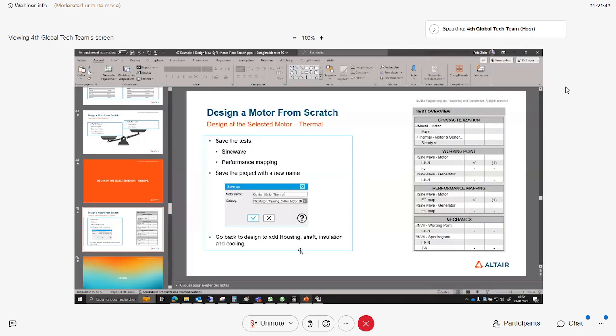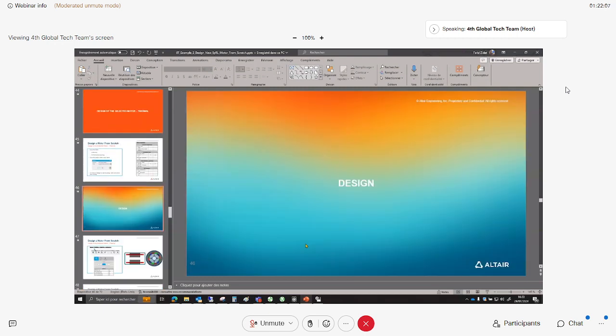So that's why I advise you to first save the results and then duplicate the machine in order to add the thermal computation. When you duplicate it and save it, here I choose to simply indicate thermal.